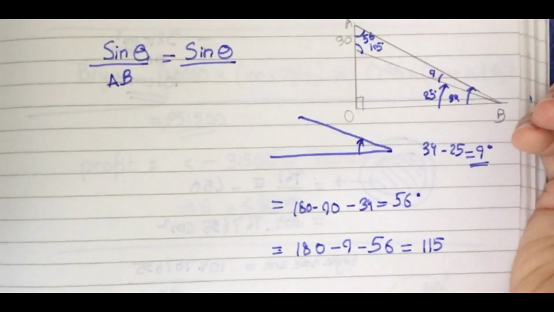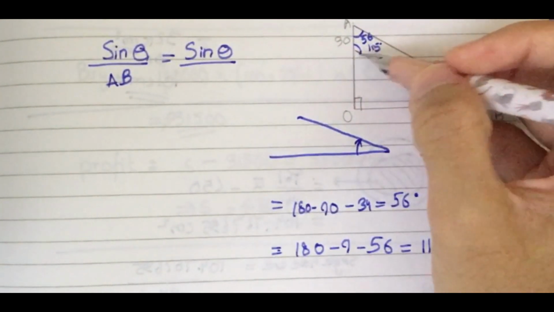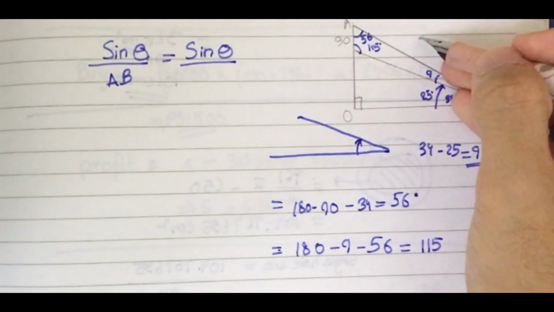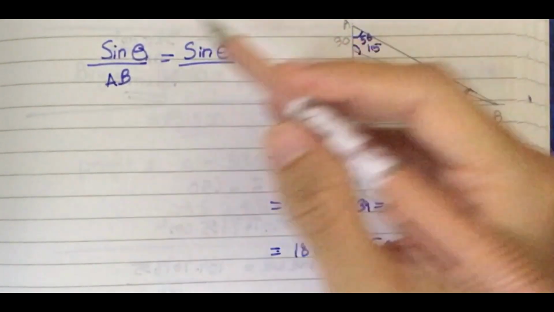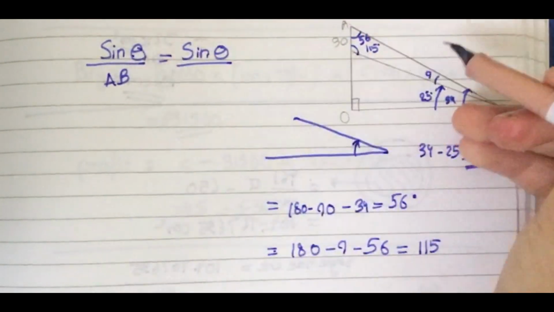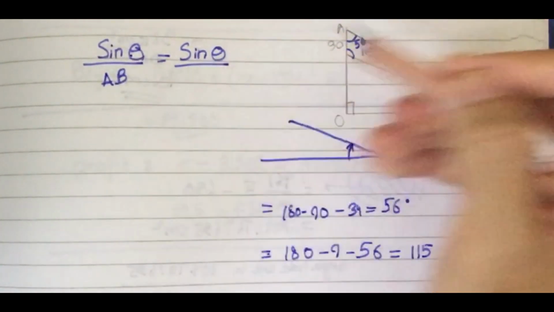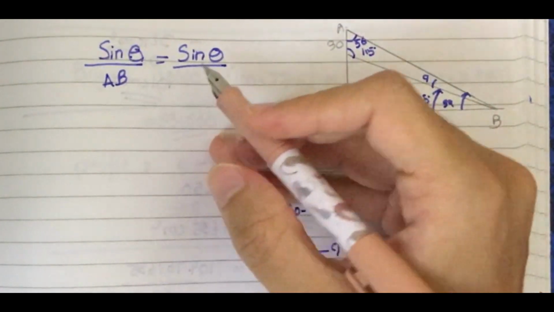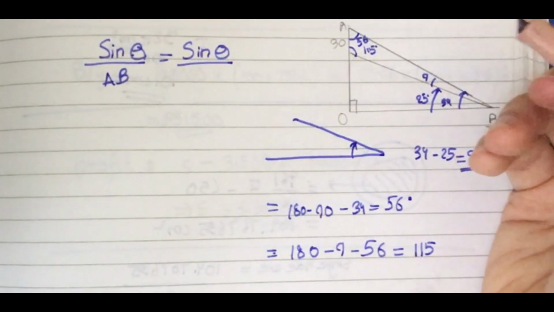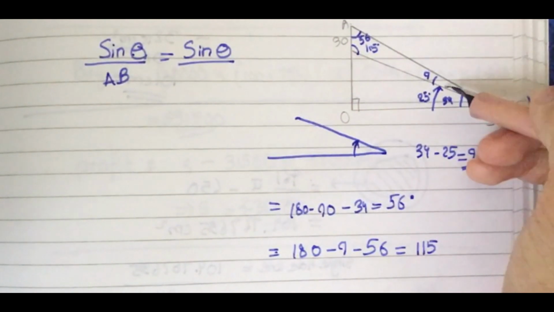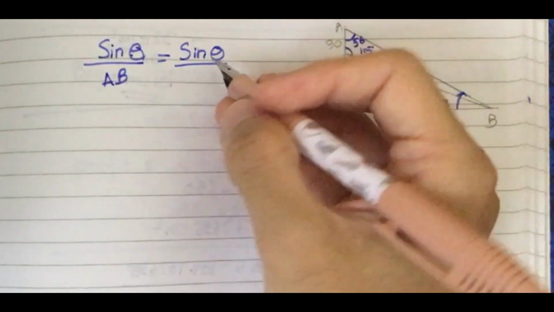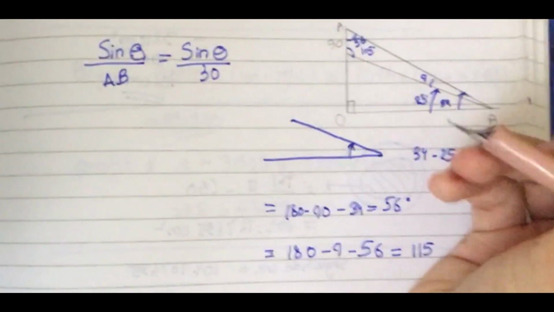For example, I'm taking AB: this is the angle, and opposite to this angle is AB, so the angle 115° should come here along with AB. The other one is sine of another angle. For example, I'm going to take 9°, and the side opposite to it is 30, so I'm going to write 30.